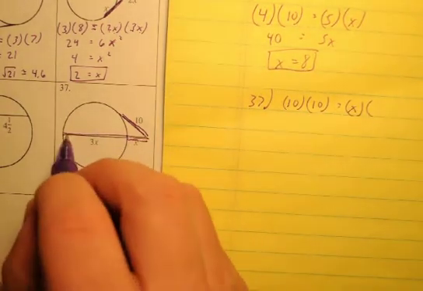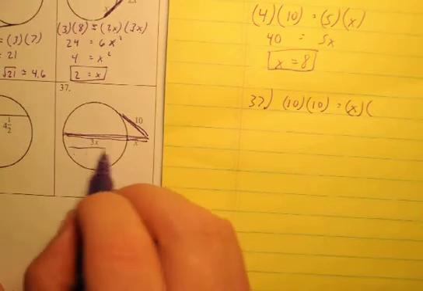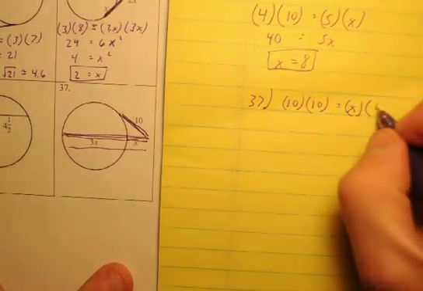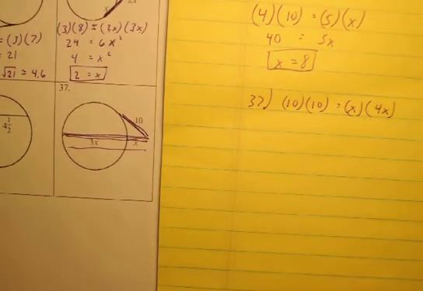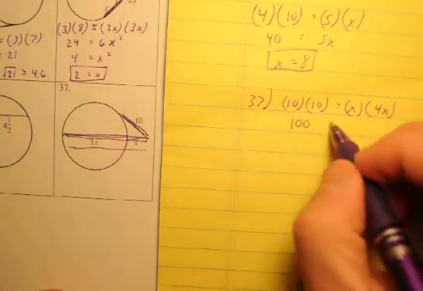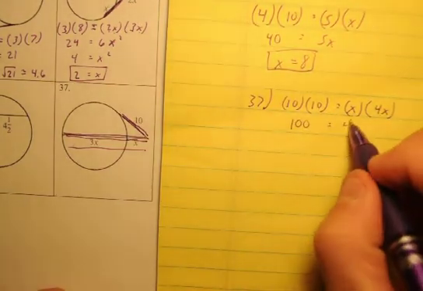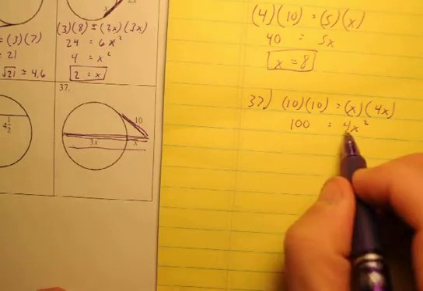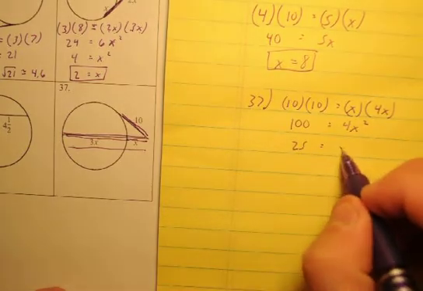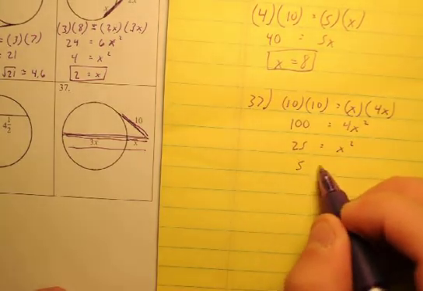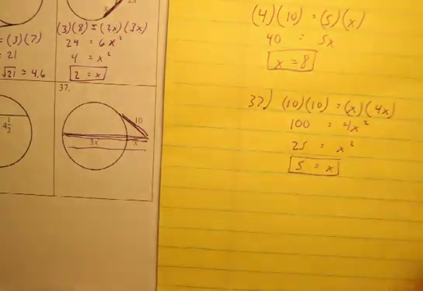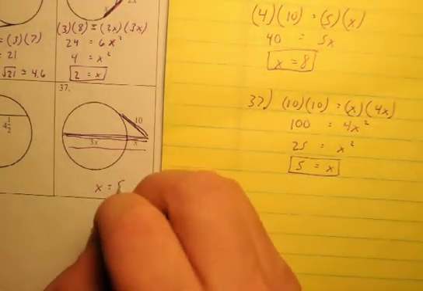If this is x and this is 3x, the entire length is 4x. Alright, let's work this out. This is 100 equals 4x squared. Divide the 4. And get x is equal to 5.